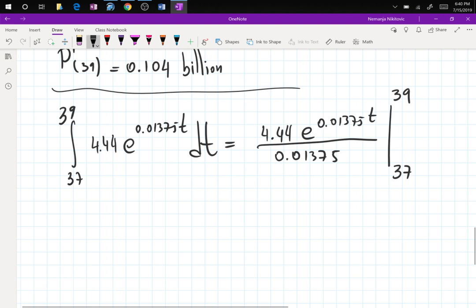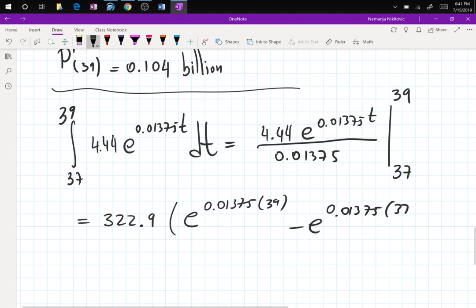So let's quickly do 4.44 divided by 0.01375. This gets us 322.9 times e to the 0.01375 times 39 minus e to the 0.01375 times 37, because you have to do upper minus the lower.